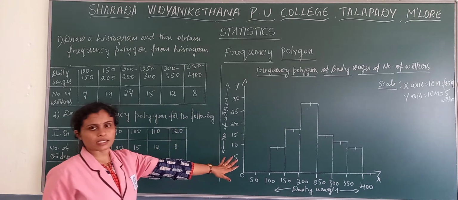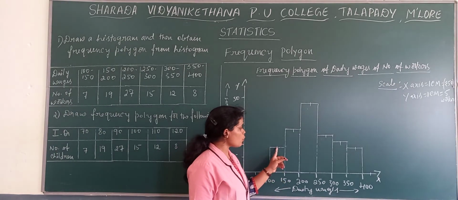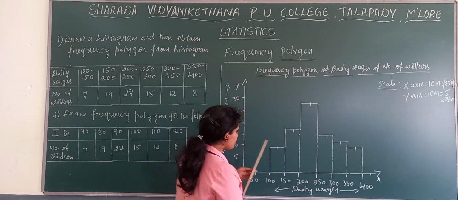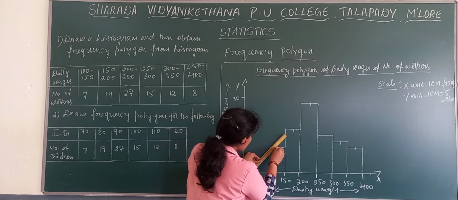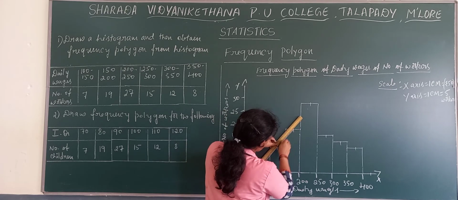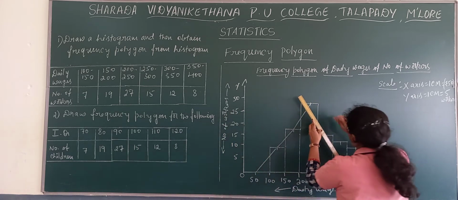When you do it in the graph, you will get the exact midpoint. Plot those midpoints upon the histogram, then by using a scale, join those midpoints.